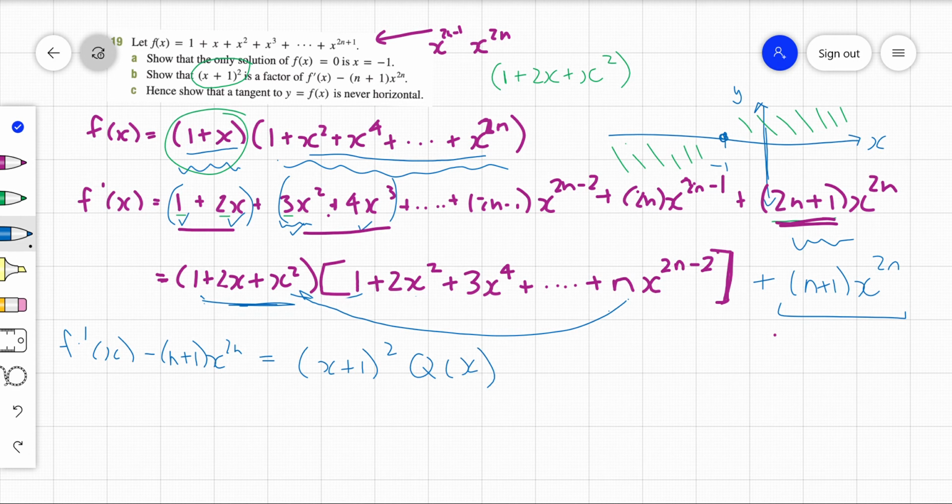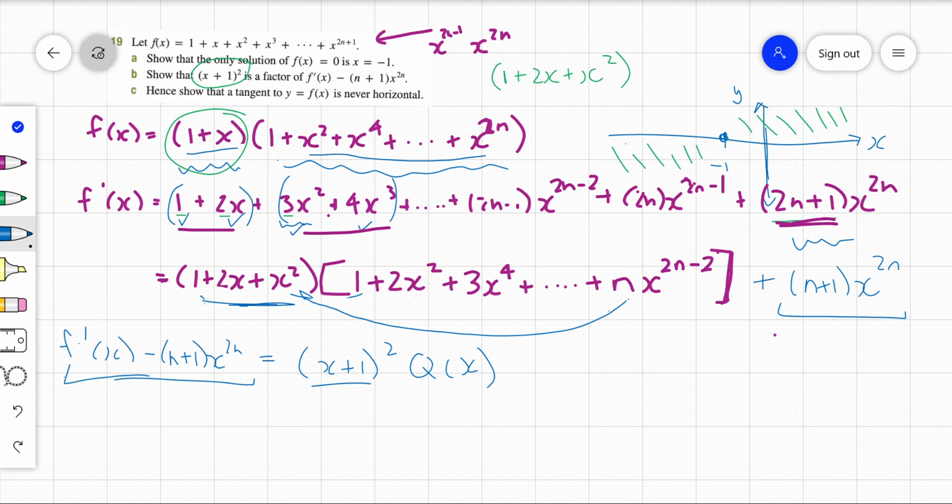So x plus 1 squared is one of the factors of f dash of x minus n plus 1 times x to the 2n. And so hence show that a tangent to this function is never horizontal.